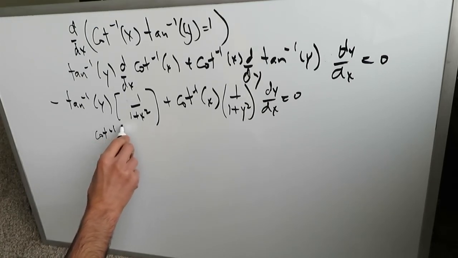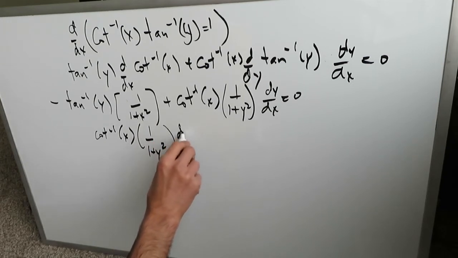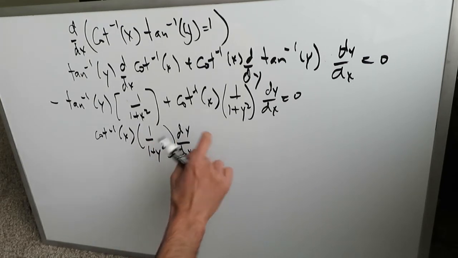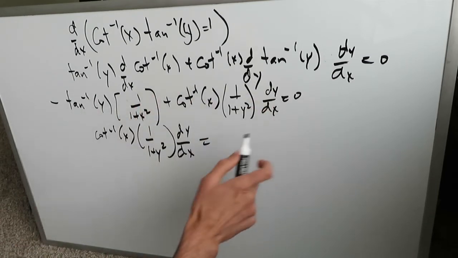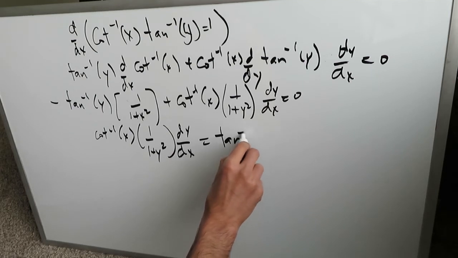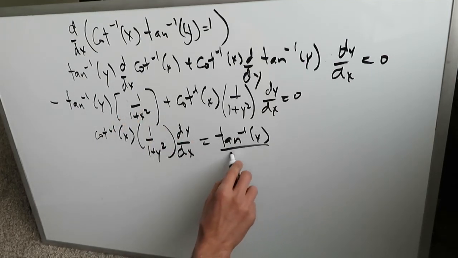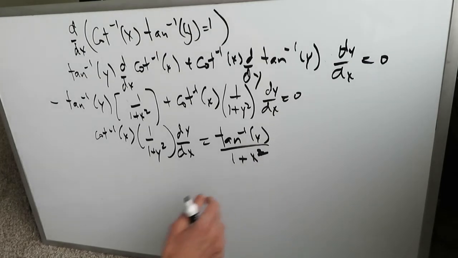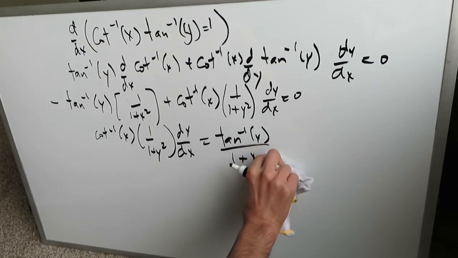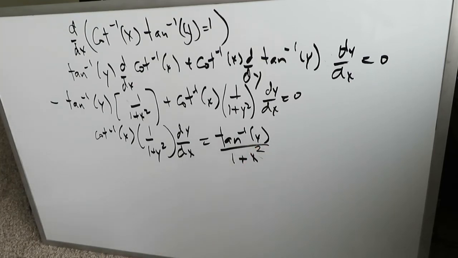Cotangent minus 1 over 1 plus y squared dy over dx is equal to this expression on the other side as a positive, tan minus 1 y times 1 over 1 plus x squared, same thing as saying over 1 plus x squared. You see how everything's all playing out and it's beginning to take form. Nothing too outstandingly difficult over here at all.